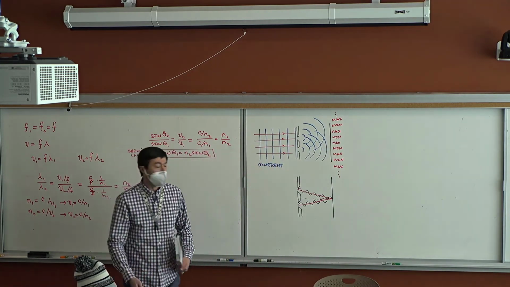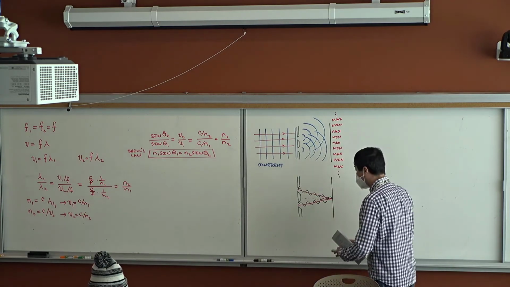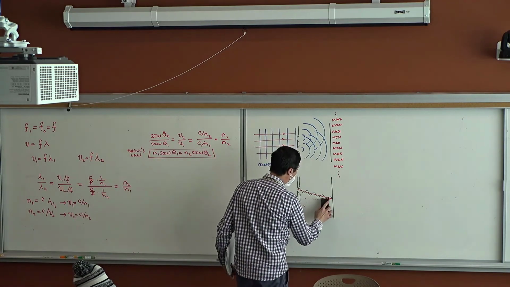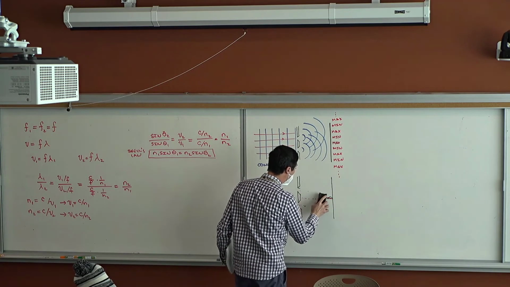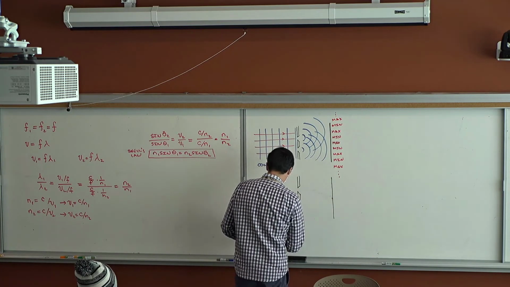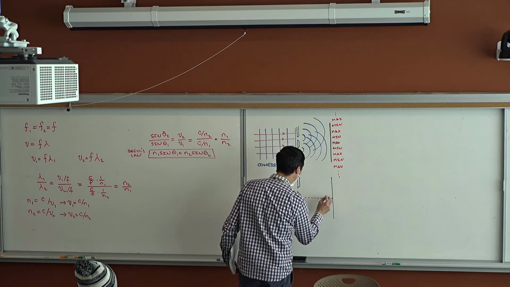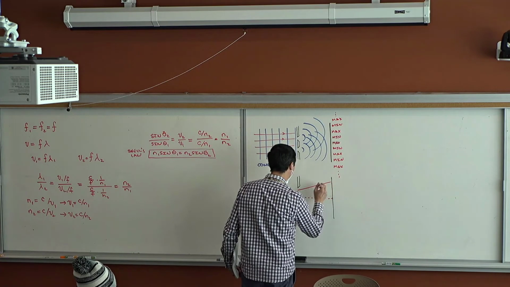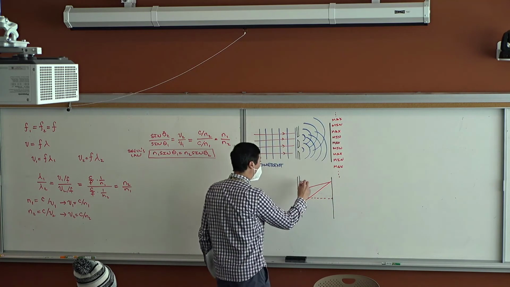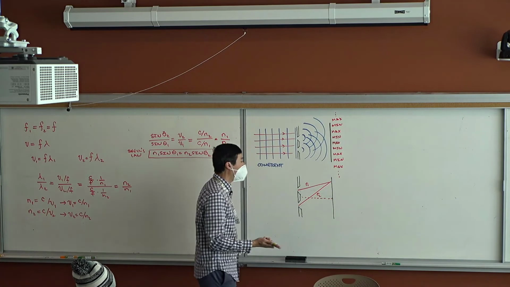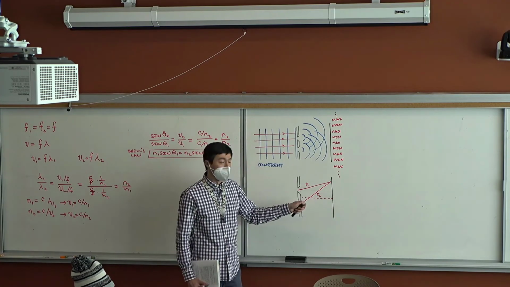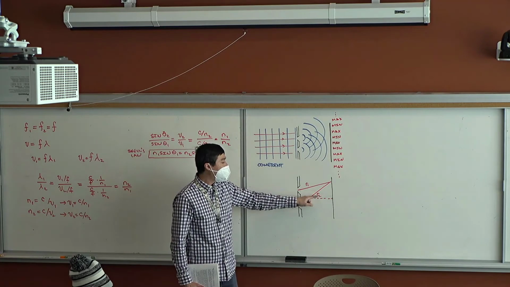So we could also argue that if we pick some point off center, I'm going to call this 1 and 2, that we can institute a path length difference.